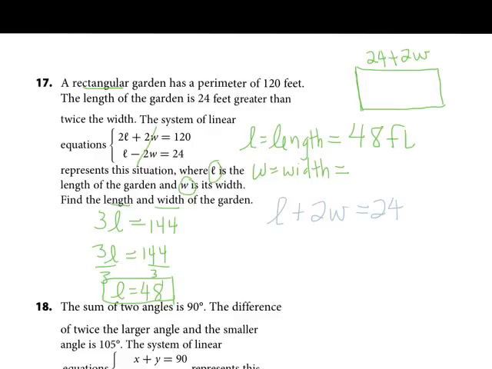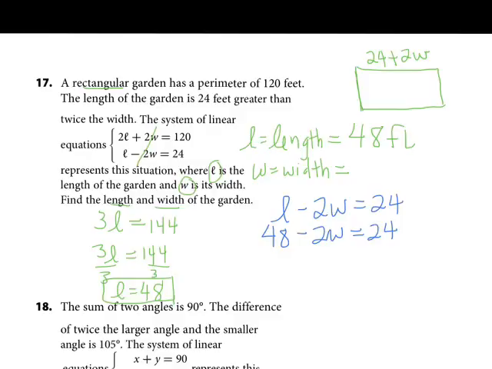But I did make a mistake on writing that equation. So I'm going to rewrite it one more time. Okay, and I'll switch colors too. Alright, so L minus 2W equals 24. I'm going to substitute that 48 in for the L. 48 minus 2W equals 24.